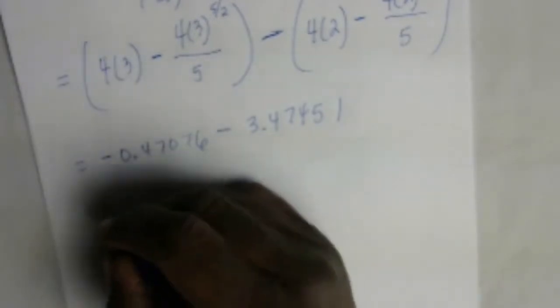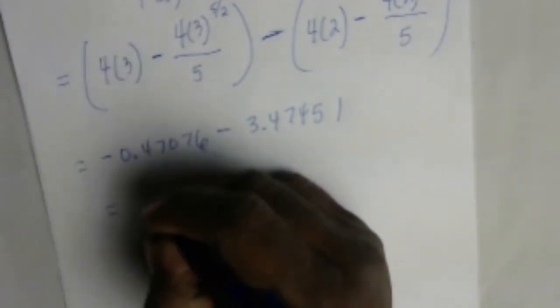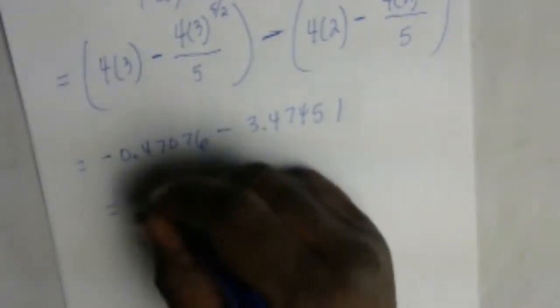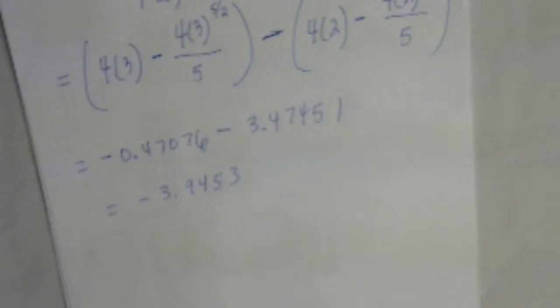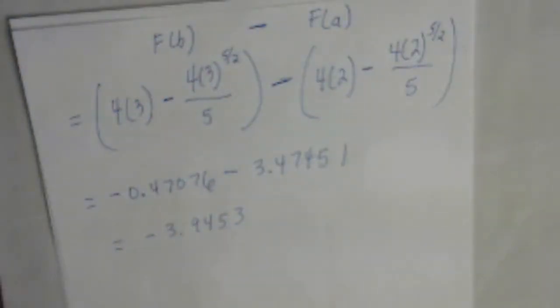And when I subtracted the two totals, I got negative 3.9453. So I'll give you a second to verify that. And we're going to take a look at another way to answer the problem.